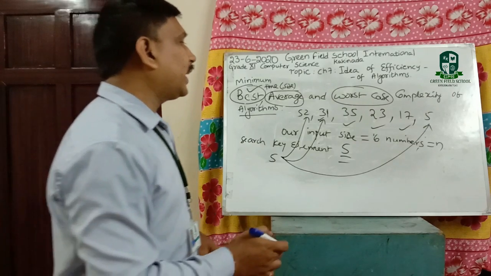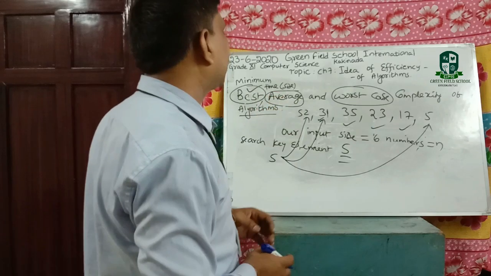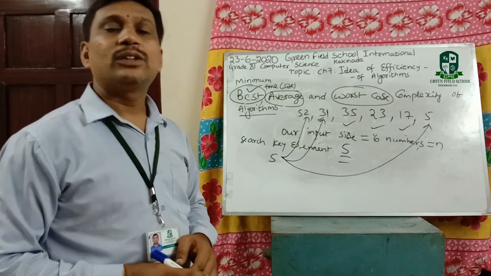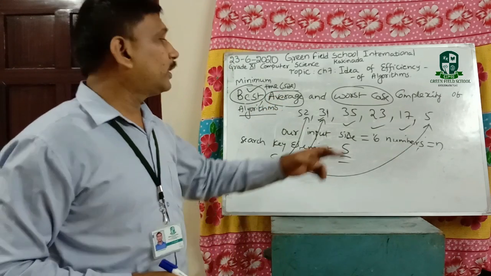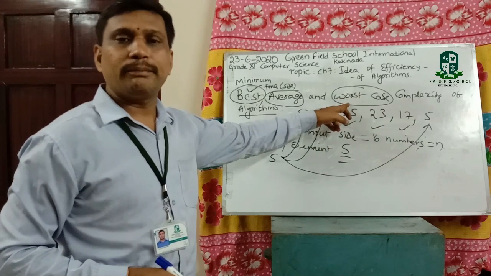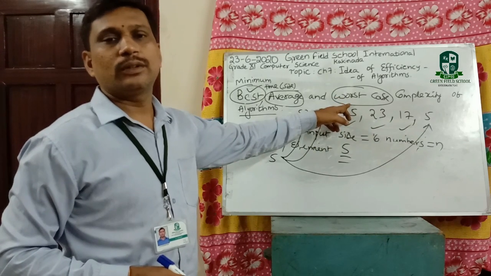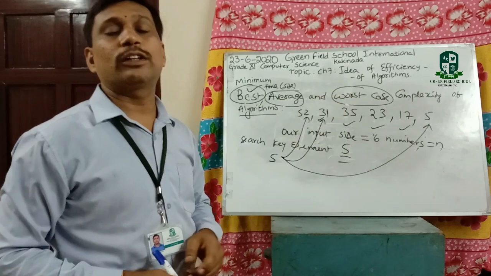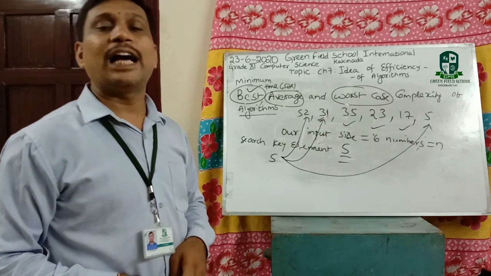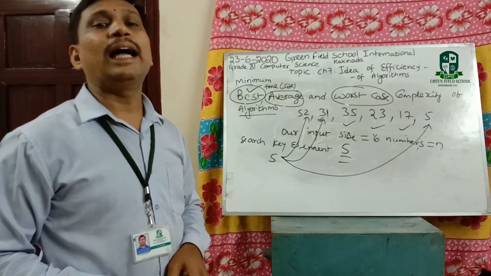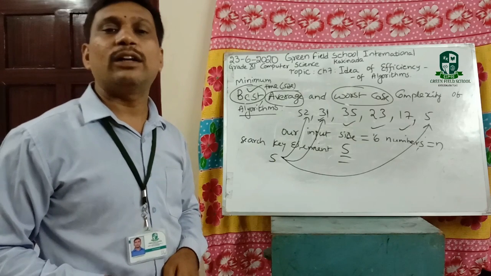The worst case takes the most time, maximum time. This is the actual complexity. Why? Because when we solve a problem, we always consider the maximum time taken to solve that problem.